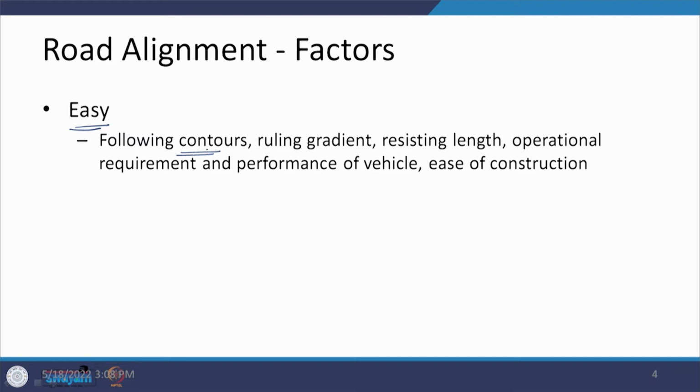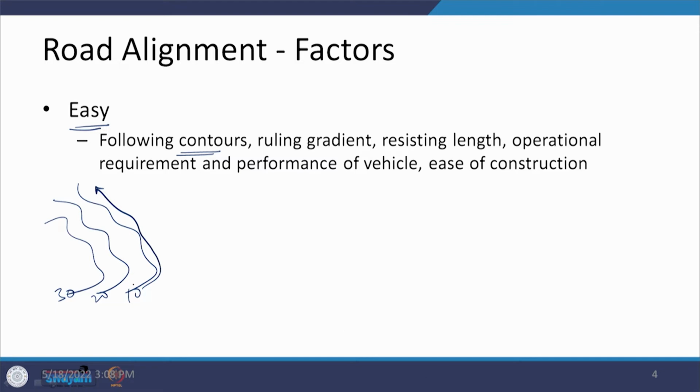So, when we say that there is a contour like this, and this particular contour is being defined as 10, 20, 30, then that means if you keep moving along this contour, you are moving at the same elevation. If this is possible while connecting the various locations, this is the best thing which can be there.